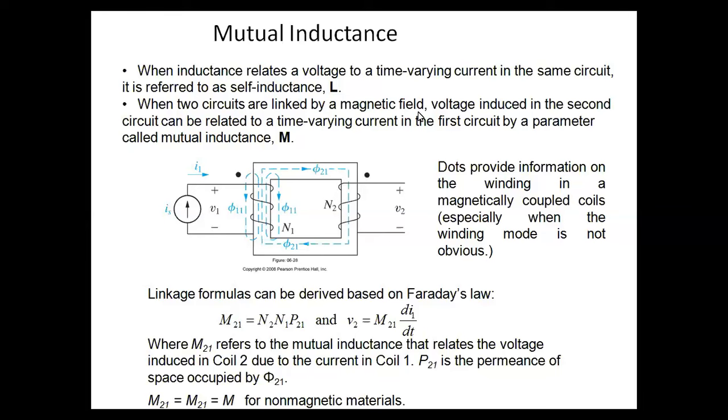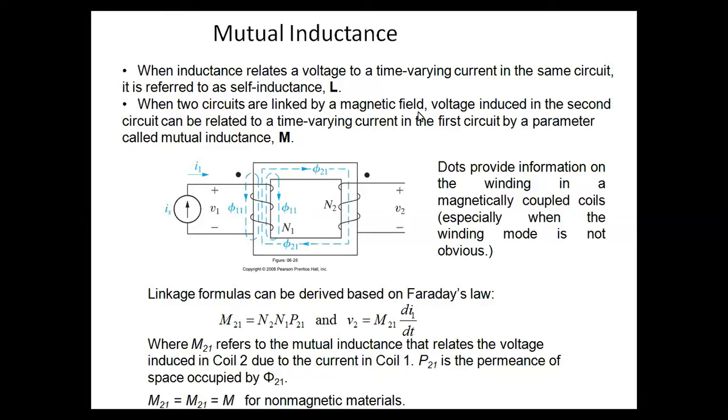It is related to a voltage source in a circuit and a time varying current, because we said that the current cannot be constant, di/dt cannot be zero. Otherwise, the inductor will just act as a short circuit. So a time varying current in the same circuit is usually referred to as self-inductance.